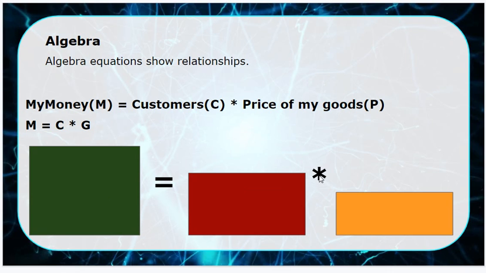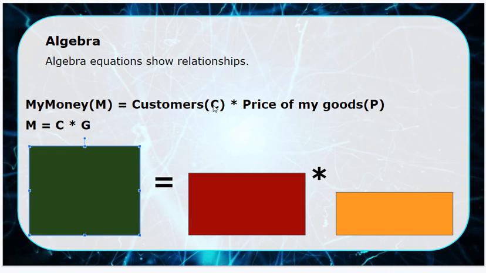What about multiplication? What is the relationship in a multiplication equation? Well, let's say, again, let's talk about money. Students seem to pay more attention when we put things in terms of money. Adults too, by the way.